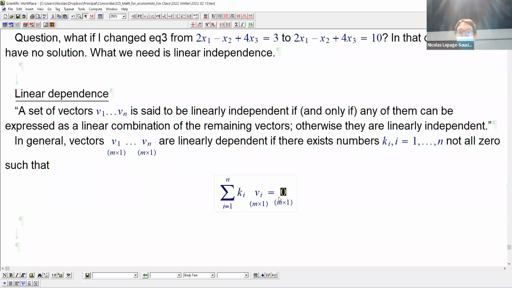Here I write 0, n by 1, meaning a vector that only has zeros. So this is what it means in words, and this is what it means in math. They are linearly dependent if I can find some combination of coefficients to multiply them, such that when I add all these combinations together, I get 0.